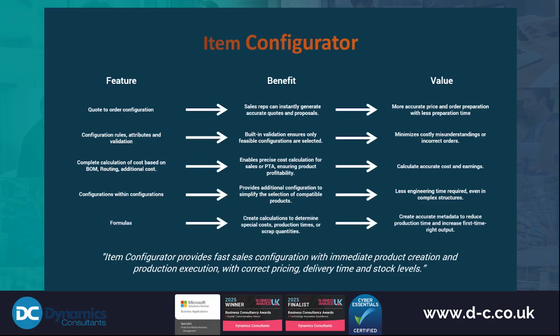And we can even include formulas for specific things that might not have a fixed cost price, but are based on a standard formula, like a percentage for scrap, or an additional production process that needs to be followed, so we can add that to the total cost. Just bear in mind that our item configuration makes sure that the whole process from sales to production to delivery to the customer is a controlled process.